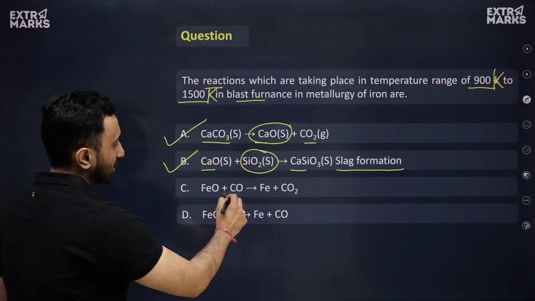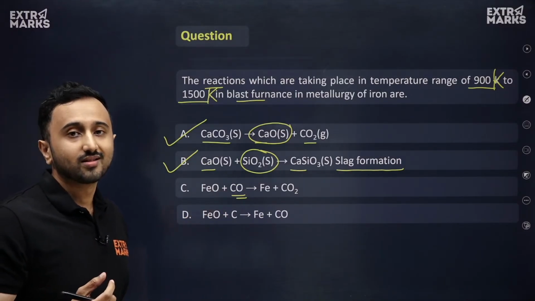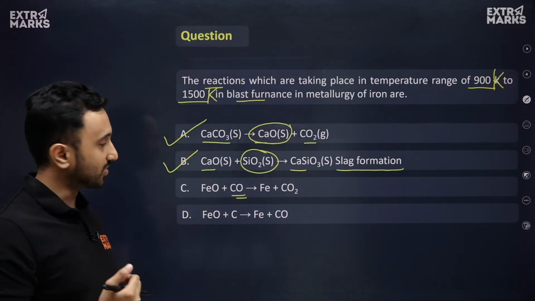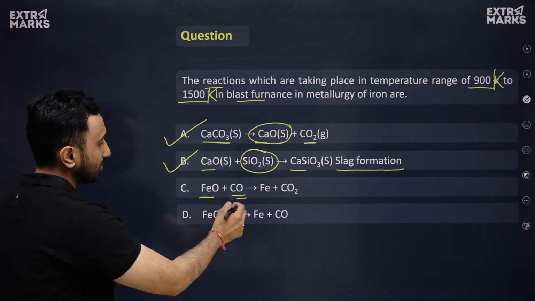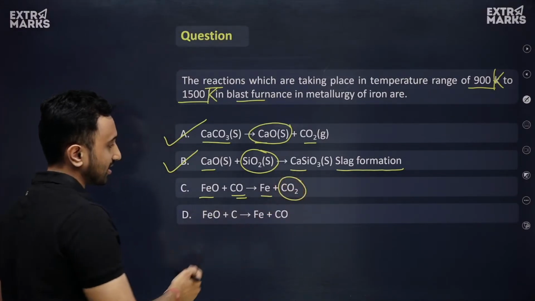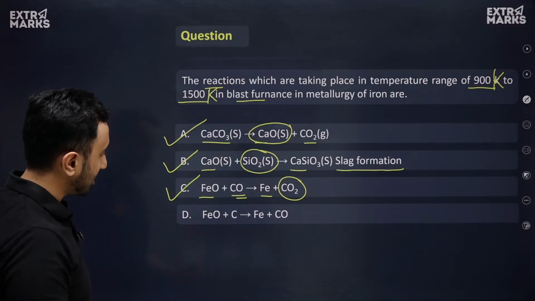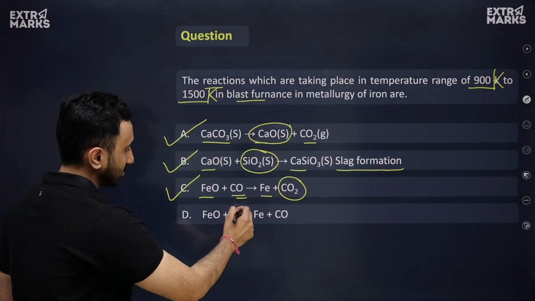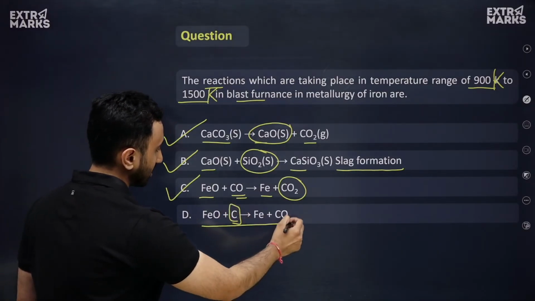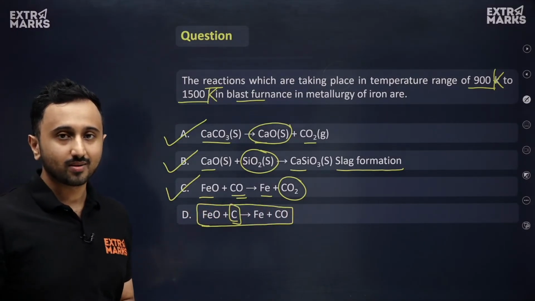Now, once we have CO, which is formed on partial oxidation of carbon, FeO plus CO will form Fe plus CO2. Is this correct? Yes, it is. But what about this equation, FeO plus only carbon? Is this equation correct? Yes, it is correct.